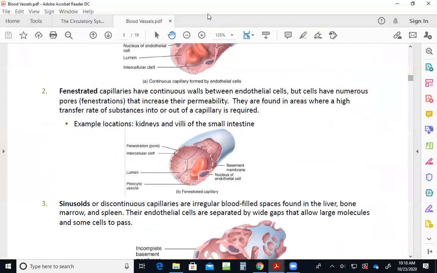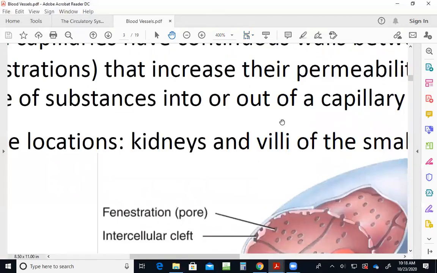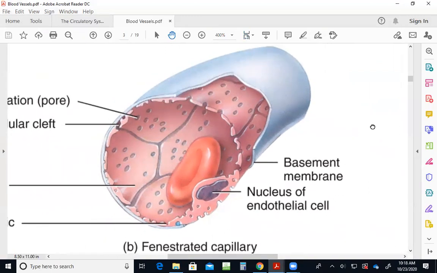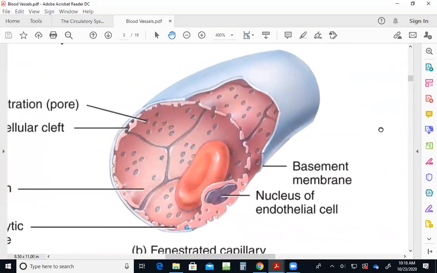Some of our capillaries have holes in them, tiny little fenestrations. Think of these like a strainer; I made spaghetti last night. You dump your noodles and water in when you want to drain your pasta. The water is easily going to pass through these types.